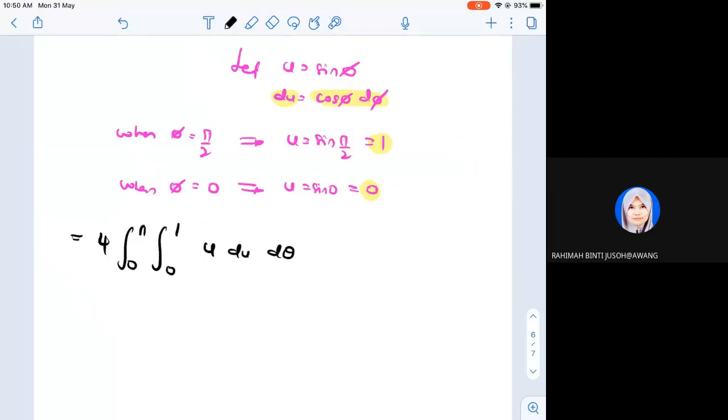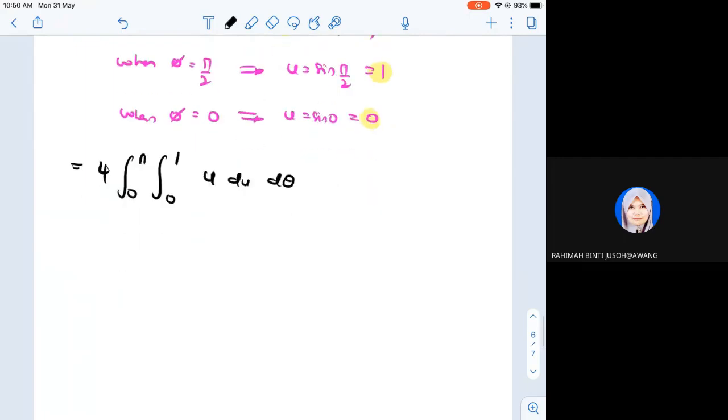So next we will integrate u. Jadi senang lah, u squared over 2, isn't it? So we have 4 integration from 0 until pi, u squared over 2. Substitute 0 and 1, d theta.